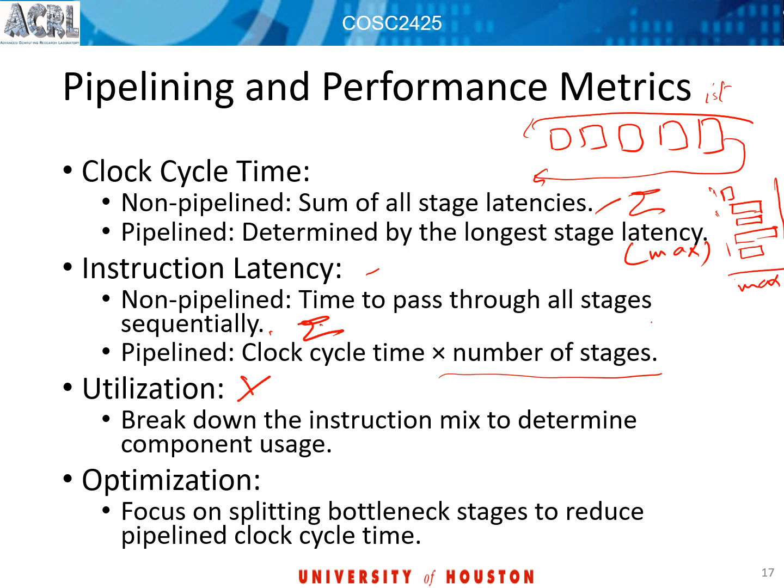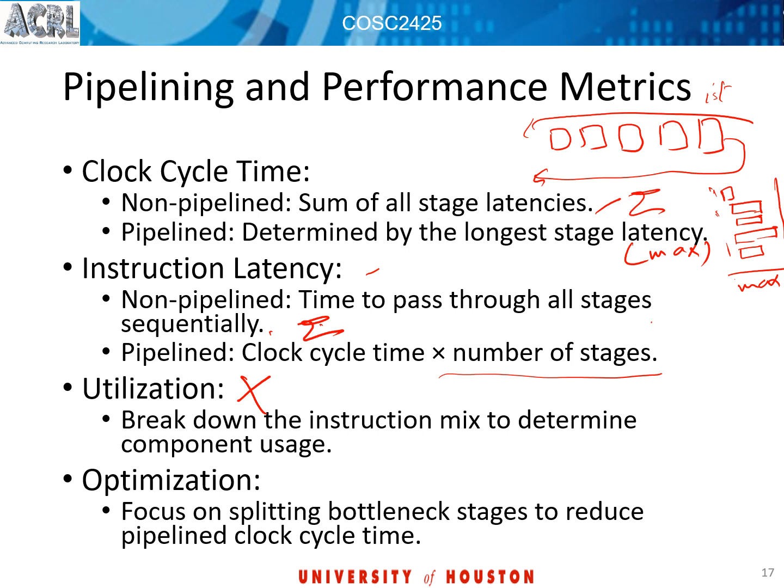Utilization breaks down the instruction mix to determine the component usage. This is some kind of low-level profiling that you can do in order to determine which stage is actually being used a lot. If that particular stage is slow, then it constitutes a bottleneck. Depending on your program, different stages would be the bottleneck.